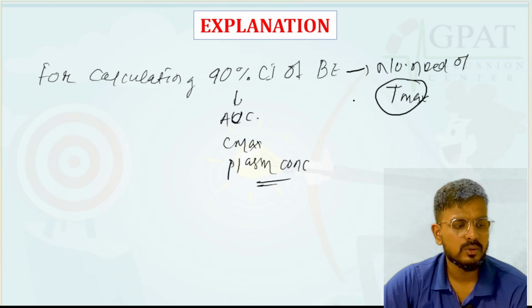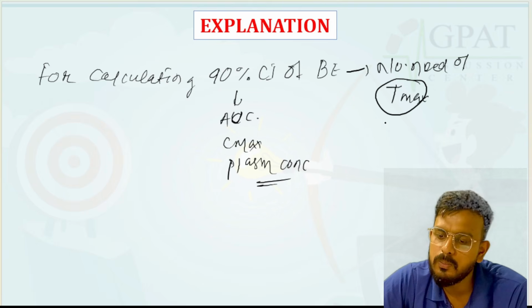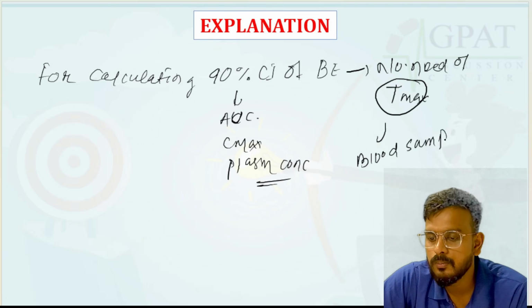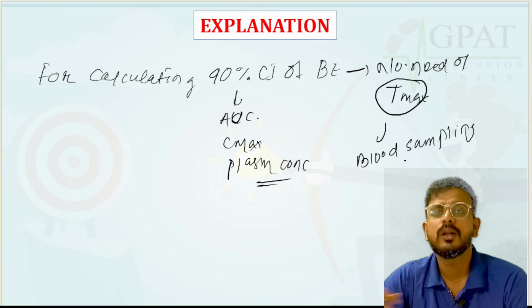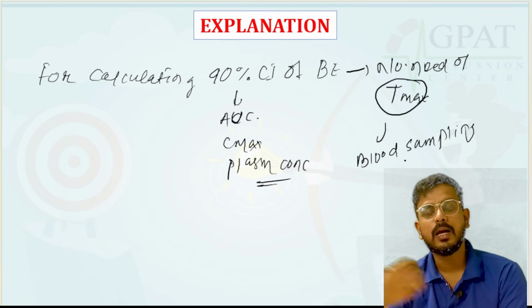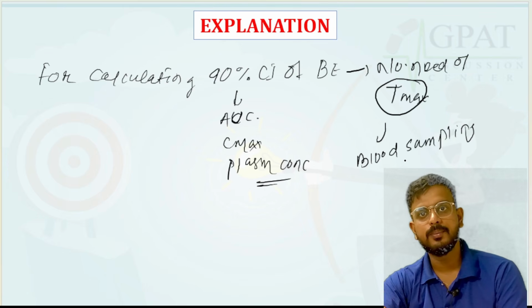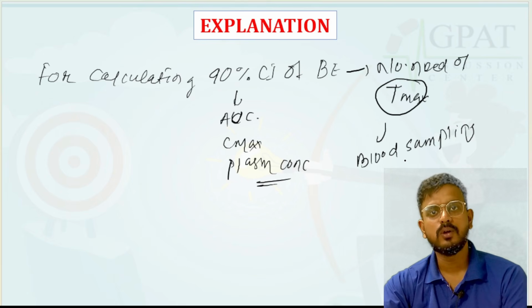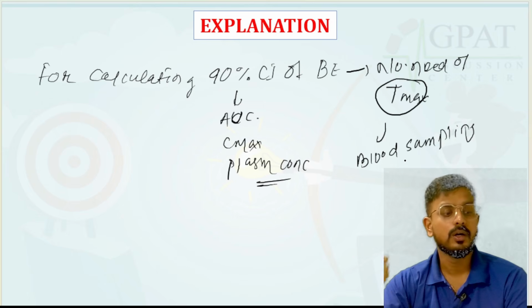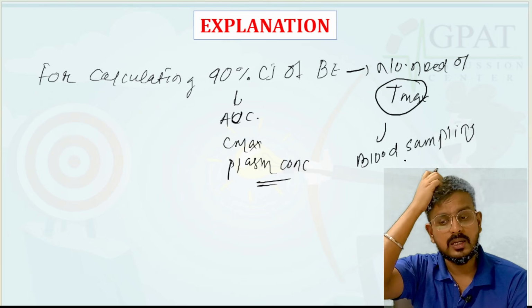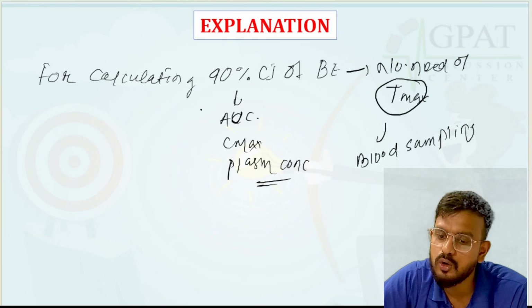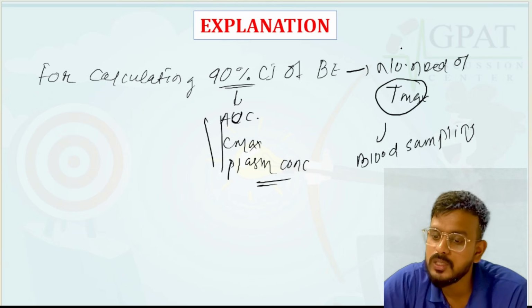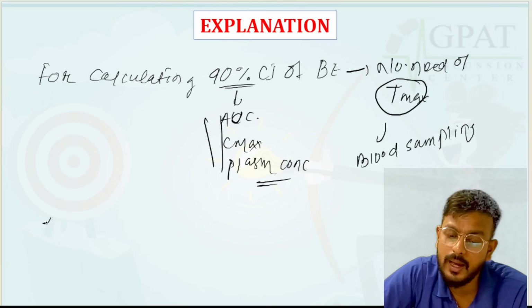According to this, Tmax basically depends upon your blood sampling frequency. When you are taking the blood, after how much time interval? Suppose I am taking the drug right now, and you are collecting blood plasma at 2 hours, 4 hours, 6 hours. So it depends upon the blood collection frequency. It is not required to calculate the 90% confidence interval. Still, Tmax has high importance.